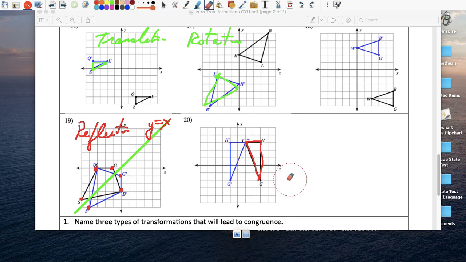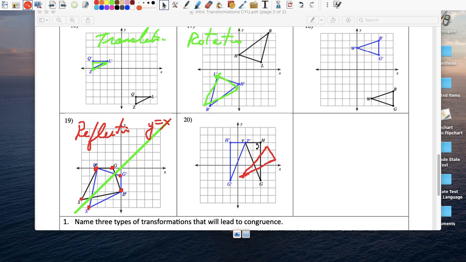There's no way I can take this shape and move it left or right so that it's in the same position as the blue triangle. So it's definitely not a translation. Is it a rotation? Well, let's rotate this.